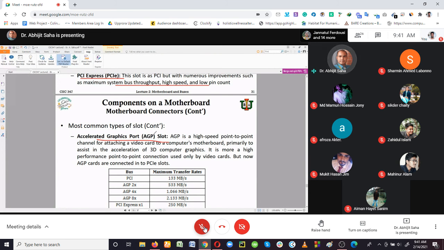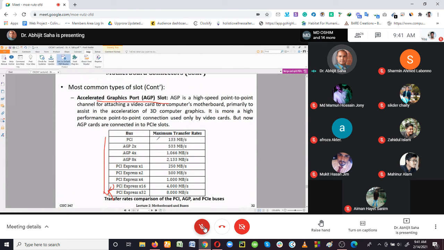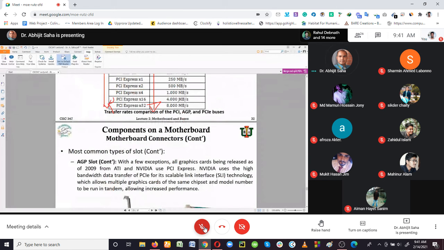These days we do not call it an AGP slot; we talk about PCIe x16, x32, as well as x64. This table shows the bus list for the slots with their maximum transfer rates. It is better that you look at them, so it is understandable how the buses for the slots are improving day by day in graphical performance.